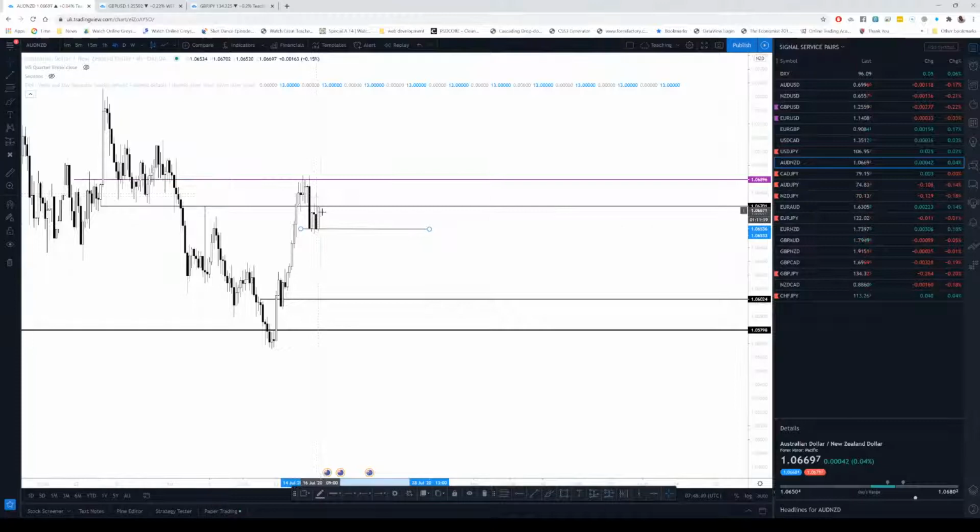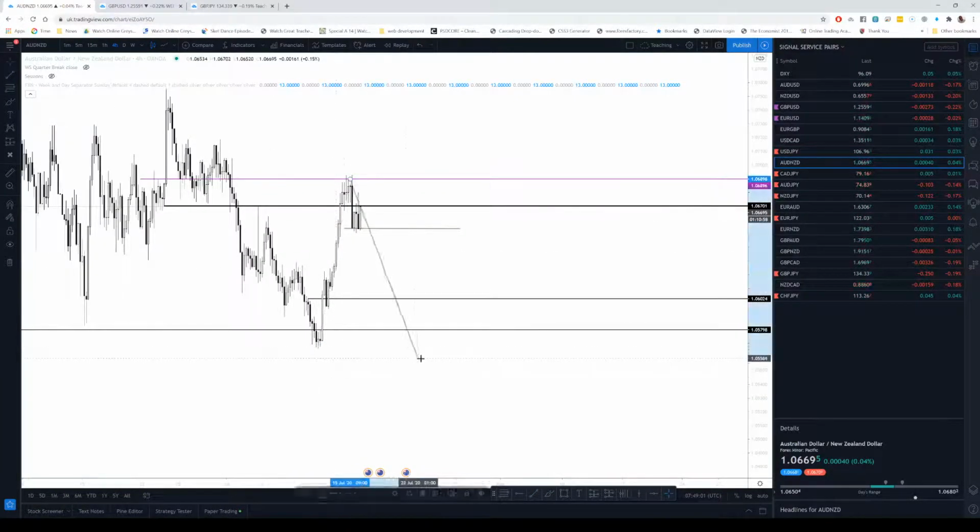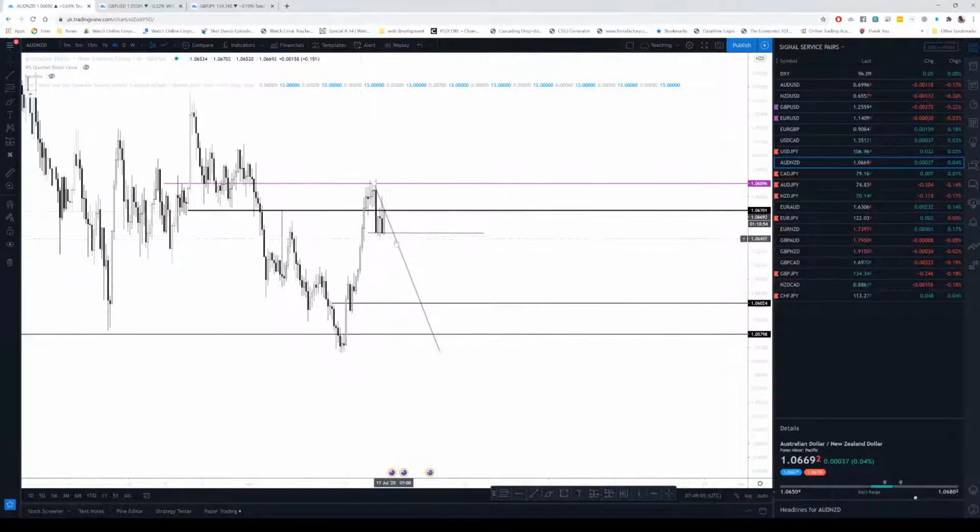Wait for this low to break, because they have given a short-term low, and if this is to continue going down, it needs to break this low. Wait for this to break, retest it, and then you can sell short for a potential move back down. Let's do it this way. Oh, my bad, not that way.